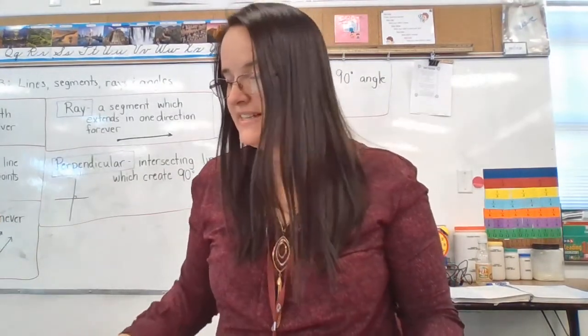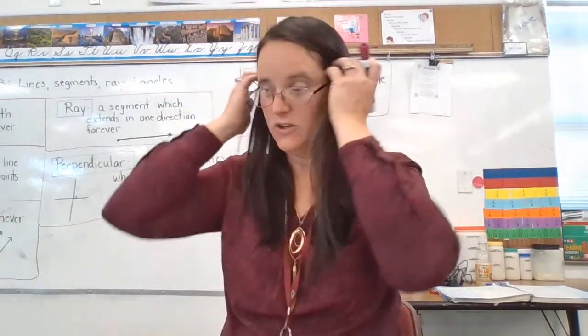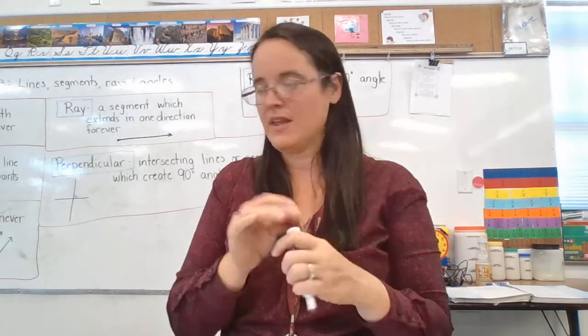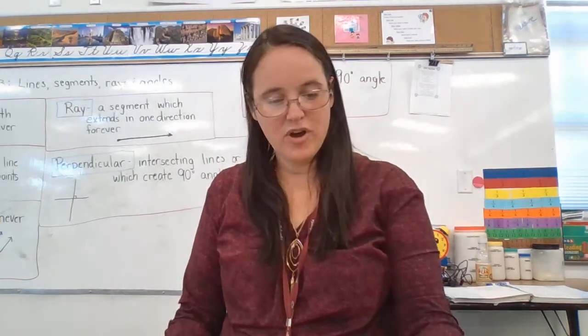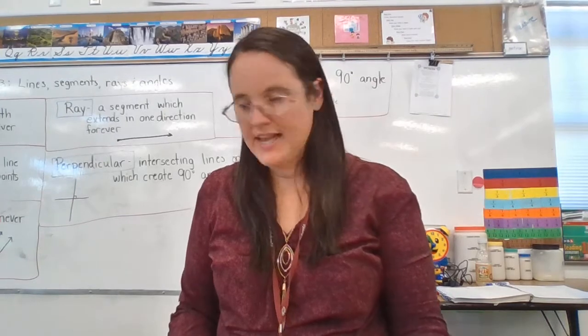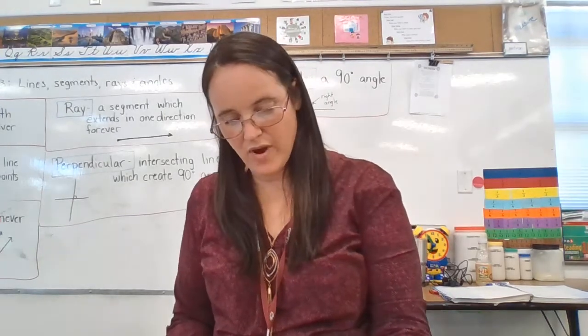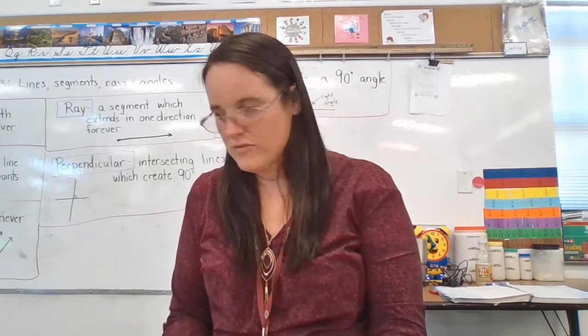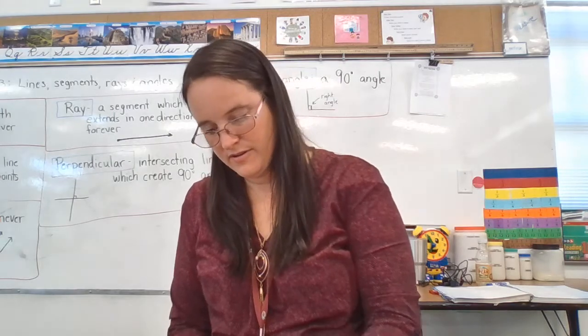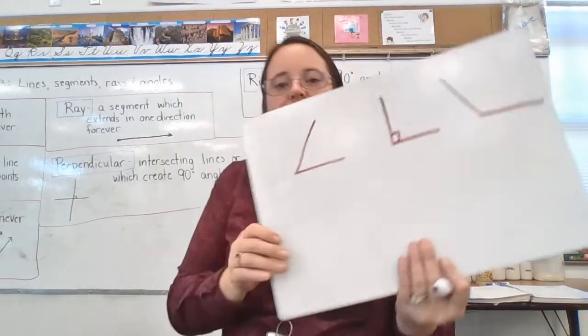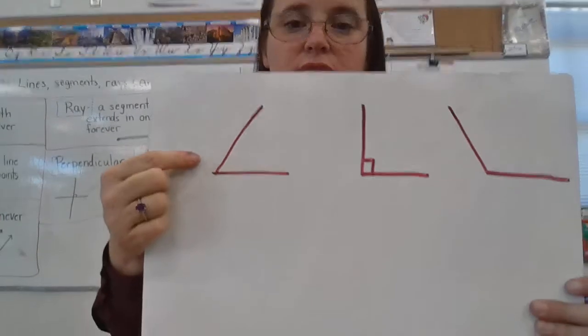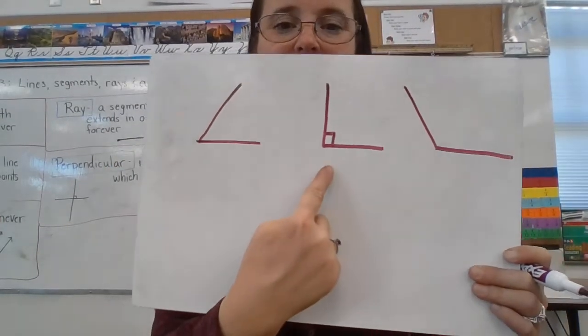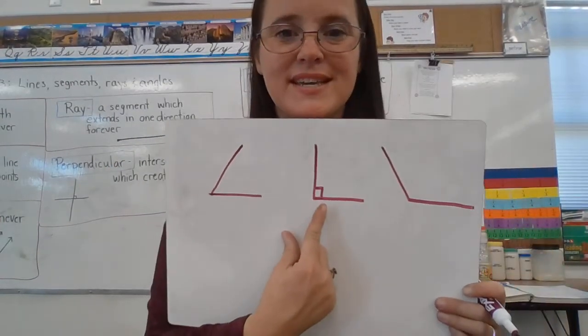So from this lesson, the types of things that you might see are they might draw some angles and ask you to describe them. So I have 3 angles here, and they want us to describe each one. So let's start with the middle one. See that little box?